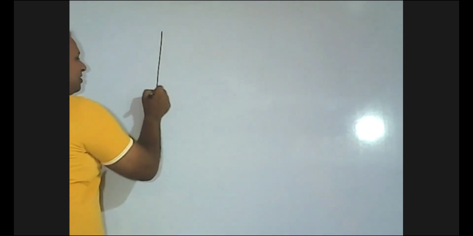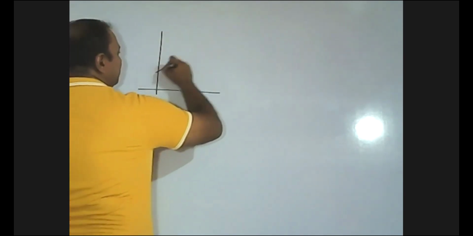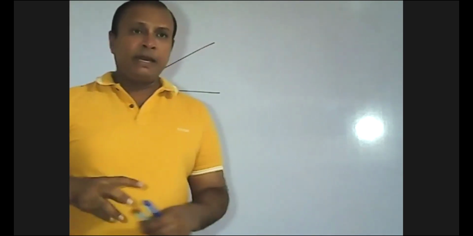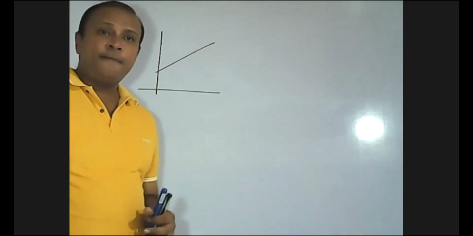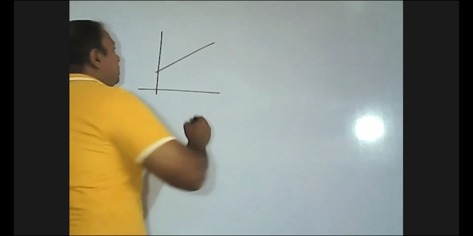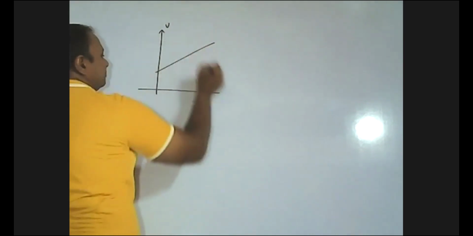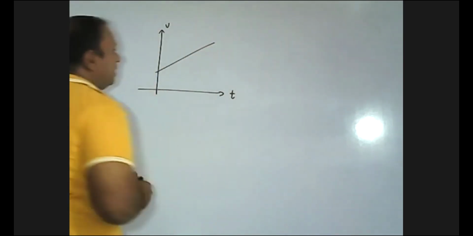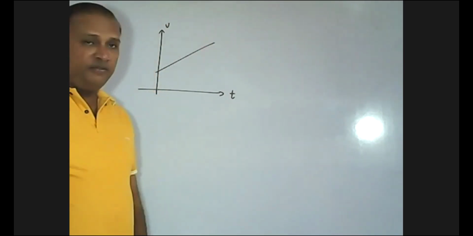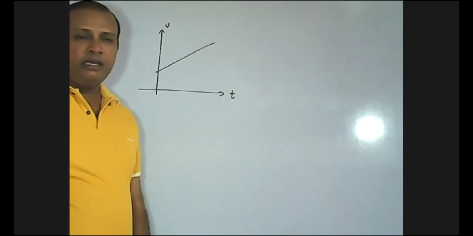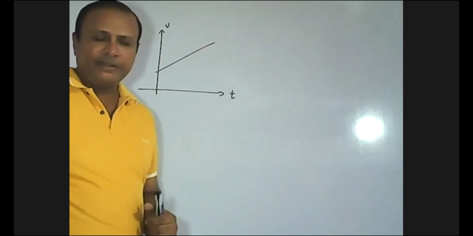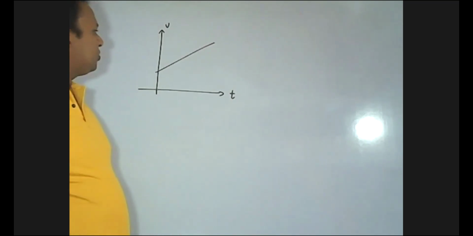Actually, we have used a linear curve. That means it is a straight line, not a curve-shaped curve. When deriving the equations of linear motion, we used this type of VT curve. So it is a straight line.